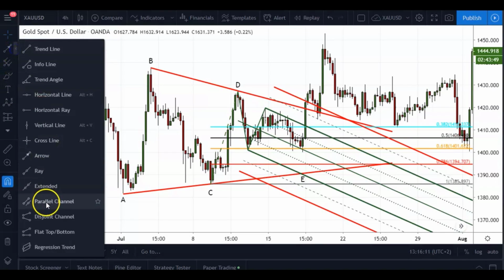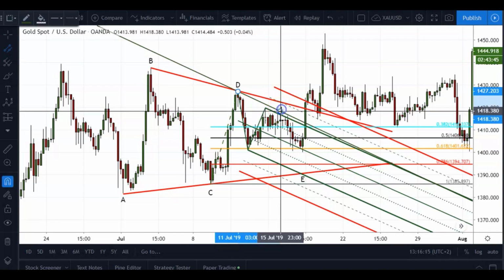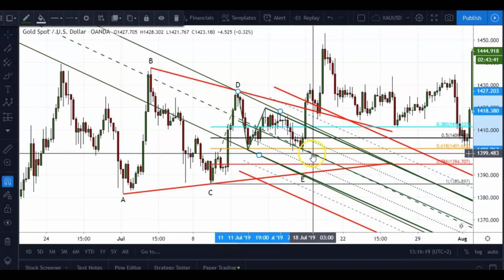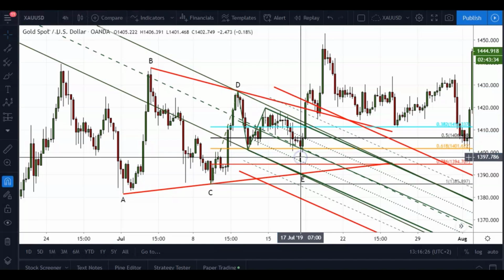You could have run that from that high to simply this low, and you'll see that there, where you got 3 occasions of different lines crossing at 0.618, is where this market, in this case gold, reversed back to the upside.